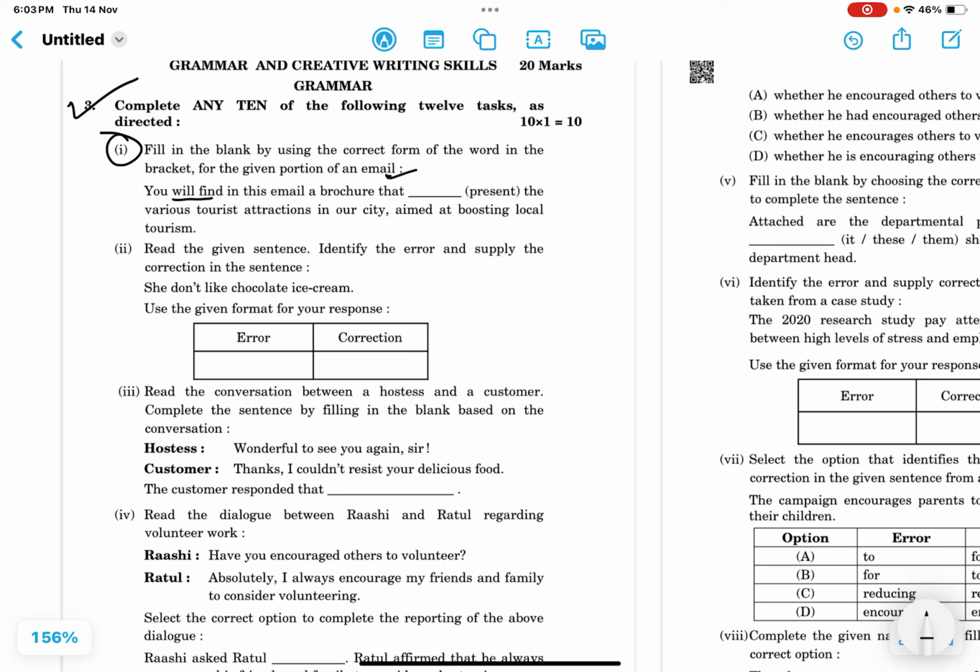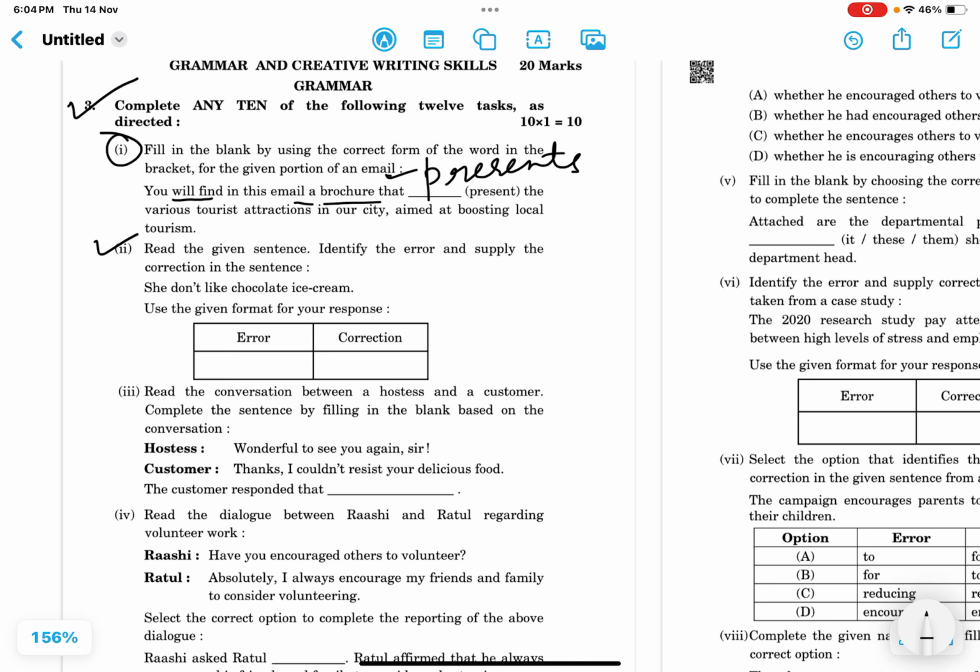Now here we are to use the generic form, generally. This is the singular subject, brochure, so we are to use a singular verb. So that presents the various tourist attractions in our city aimed at boosting local tourism.